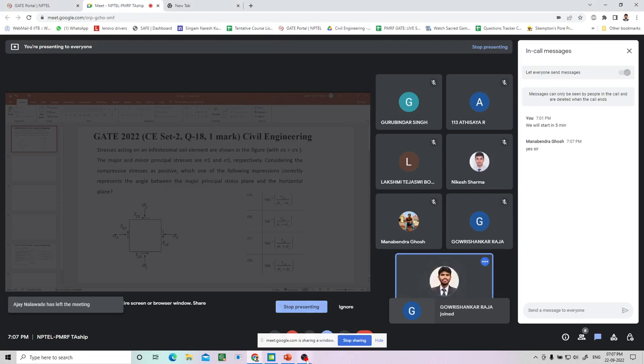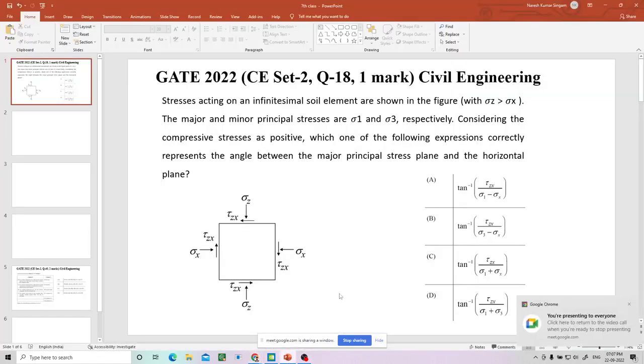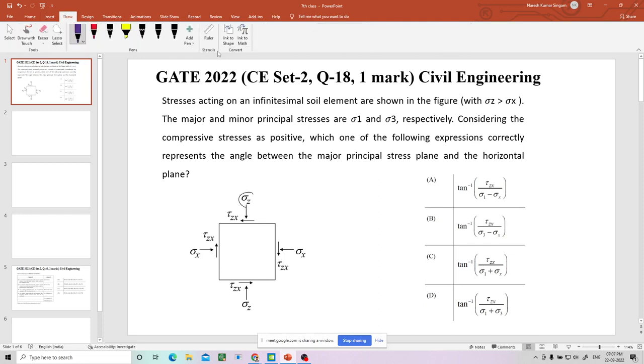Fine. So here, see, this is the given data: sigma z is greater than sigma x, whereas tau zx is the same all over the element.